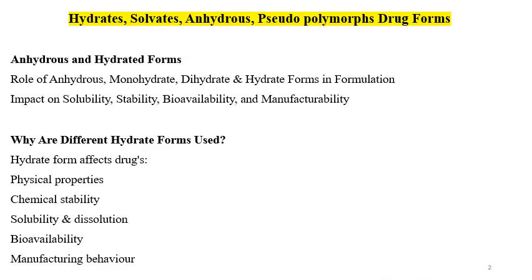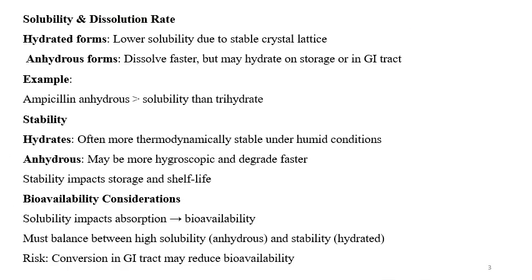You might have come across a situation where you need to use a specific hydrate form or anhydrous form, and sometimes these forms are also available as solvate forms, and these are called pseudopolymorphs. As these forms affect the safety and efficacy, we need to understand these things, and we need to know how the formulation is being affected because of these properties.